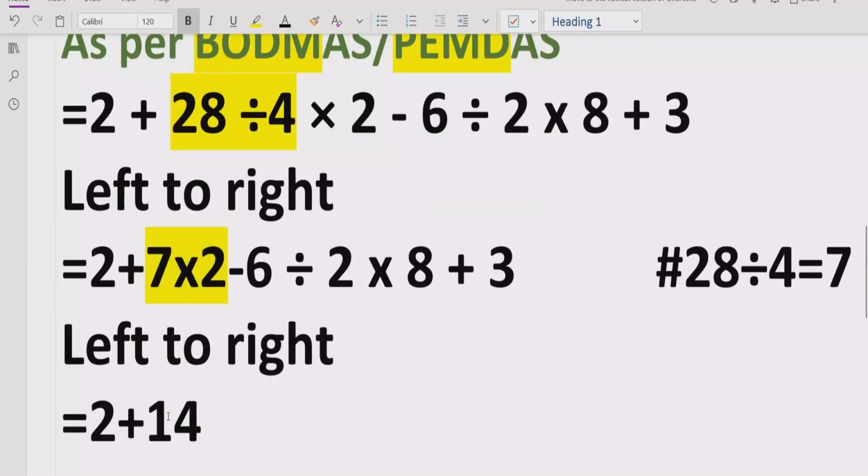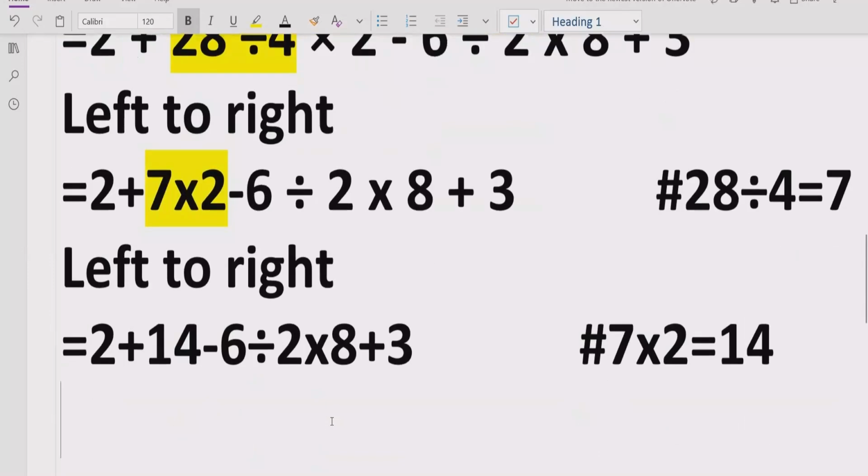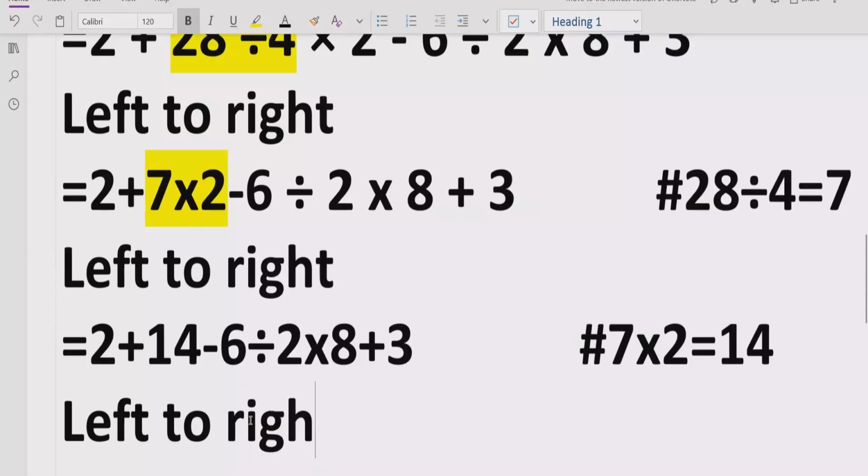We have to write multiply this one. So this becomes 14 minus 6 divided by 2 multiplied by 8 plus 3. Now this time we have 7 multiplied by 2 equals 14. Now we have solved this part. Now move forward again. We have to solve all multiplication and division.